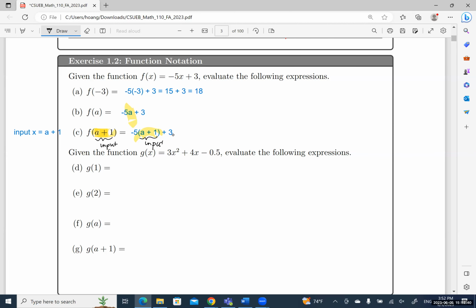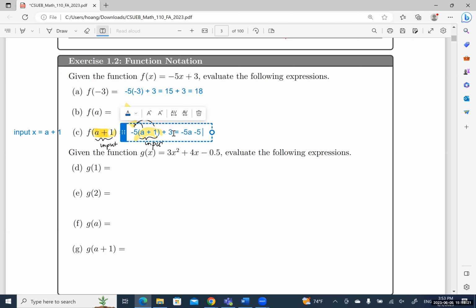However, if you really want to simplify, you should expand it out and combine like terms, the things that you can combine. So in this case, you will have to distribute the -5 into this factor, right? So you will have equal to -5 times a, and -5 times 1 is -5.